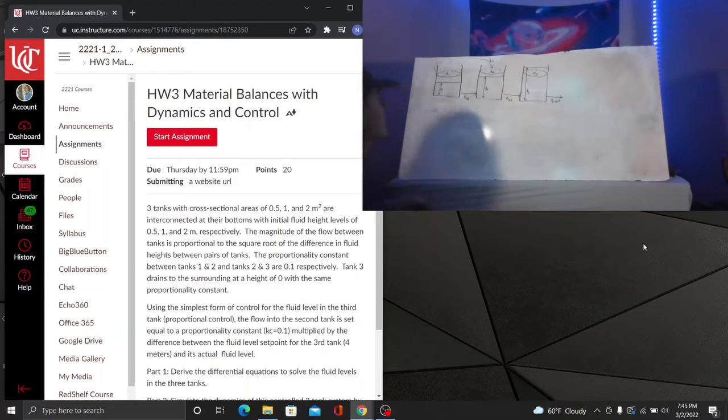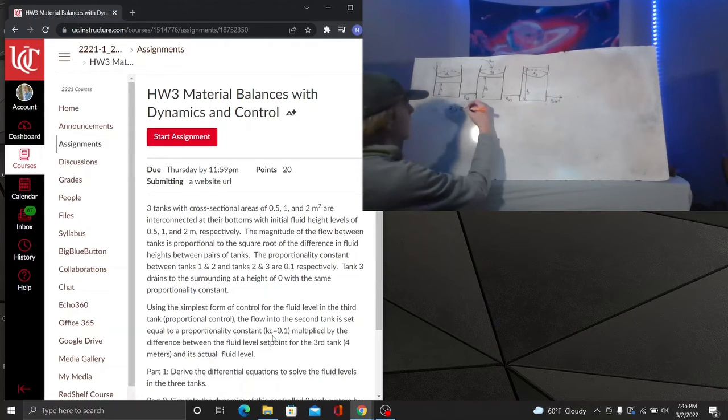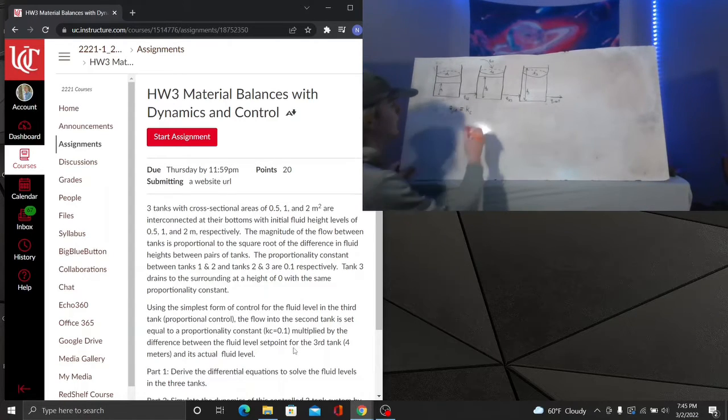Now it also gives us our Qin as well, and it says that that is equal to proportionality constant Kc multiplied by the difference between the fluid level set point for the third tank and its actual fluid level.